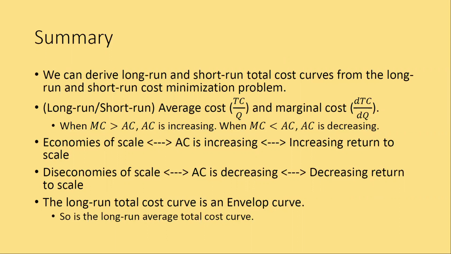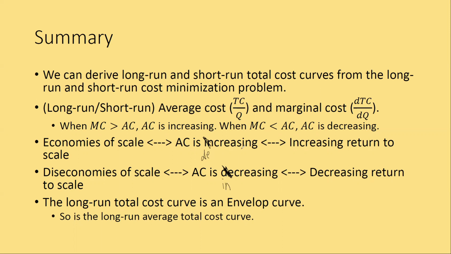We've also introduced the concept of economies of scale, and we relate it to the return to scale of the production function. We say that the firm enjoys economy of scale when the average cost is increasing. So sorry, this is a typo over here. And again, I will correct it in the slides I upload. So this should be decreasing, and this should be increasing, all right?